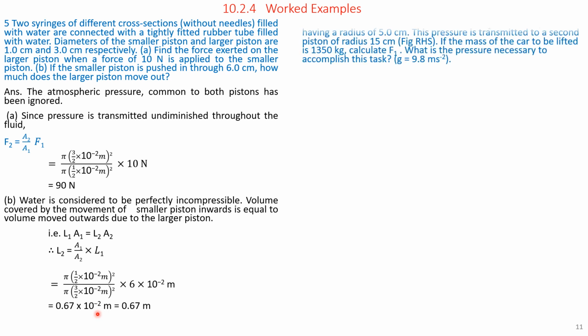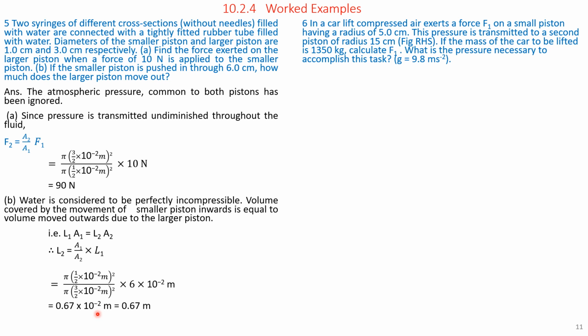Next question. Question number 6. In a car lift, compressed air exerts a force F1 on the smaller piston having a radius of 5 centimeters. This pressure is transmitted to a second piston of radius 15 centimeters, as in the figure shown below.